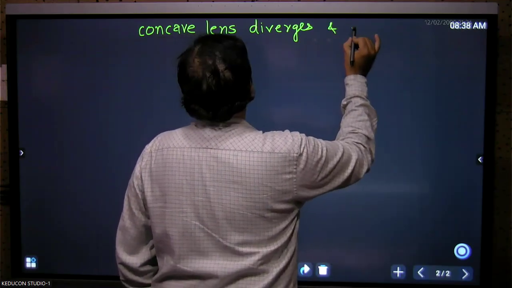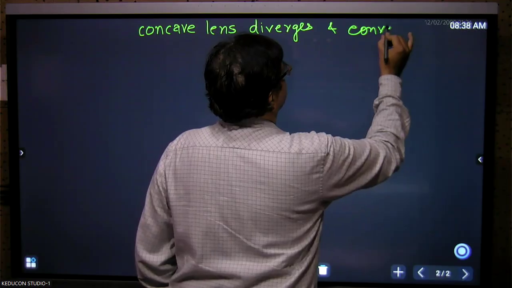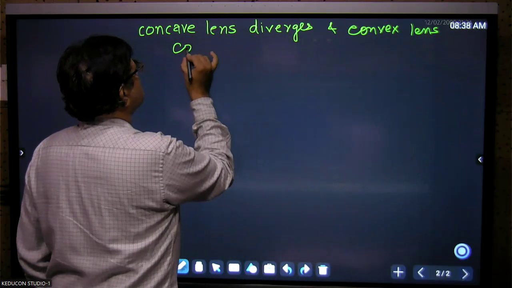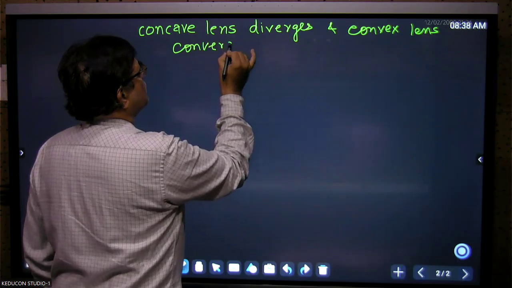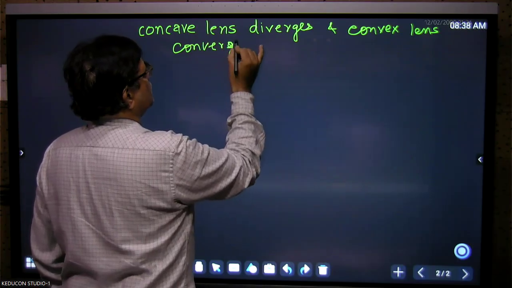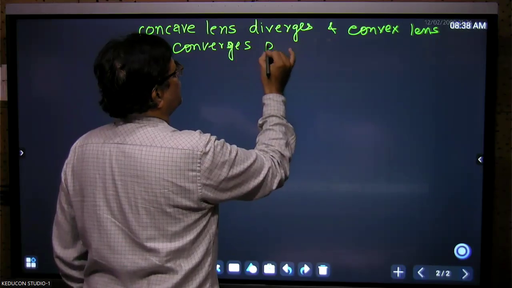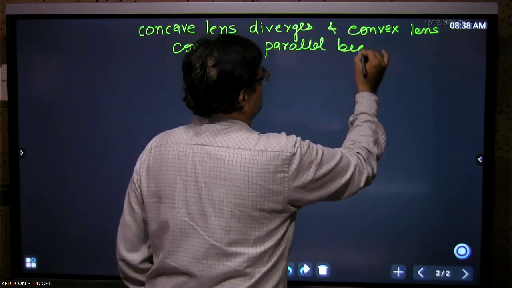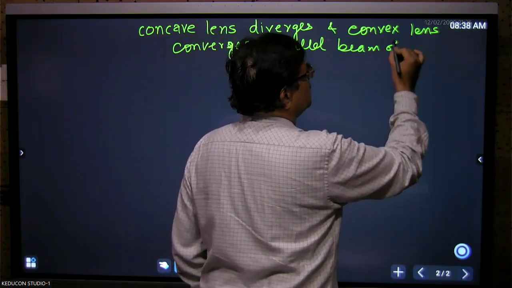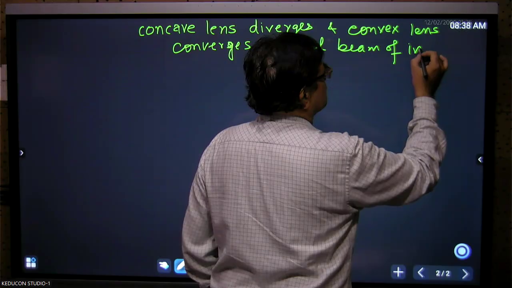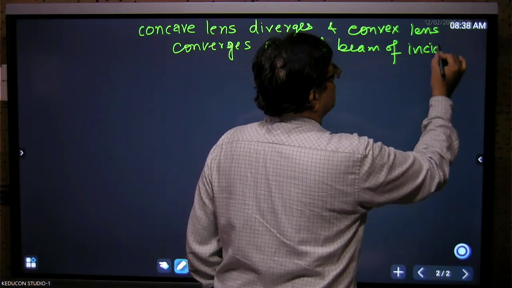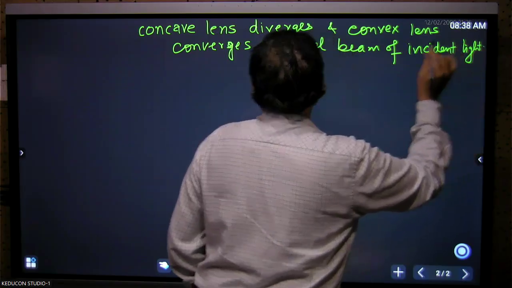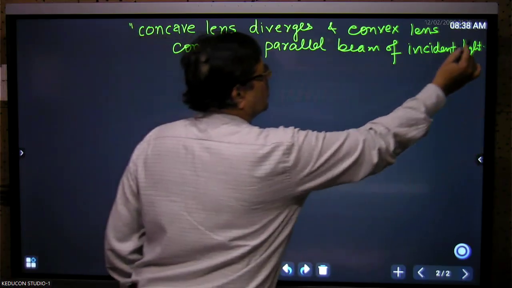And convex lens converges a parallel beam of light. Which parallel beam of light? Naturally, the one which is incident on the lens. So this is the effect.